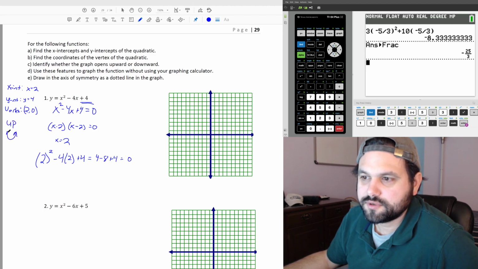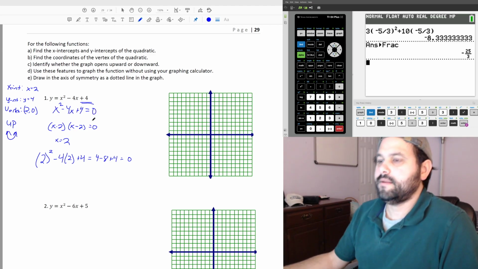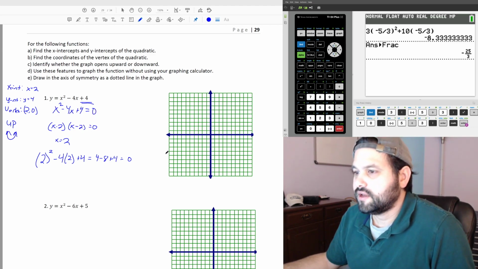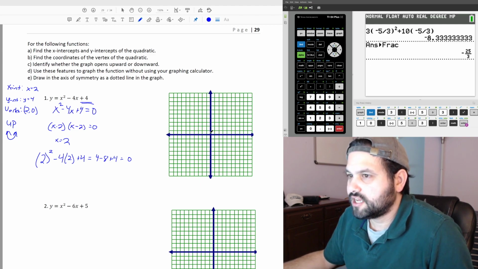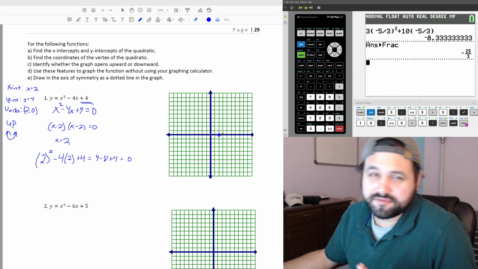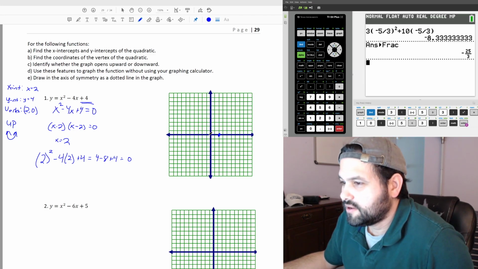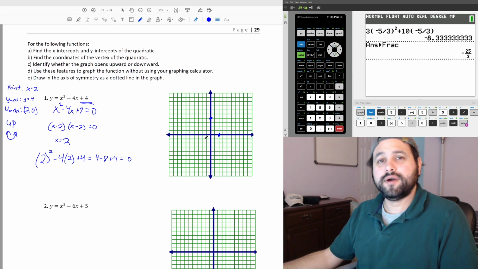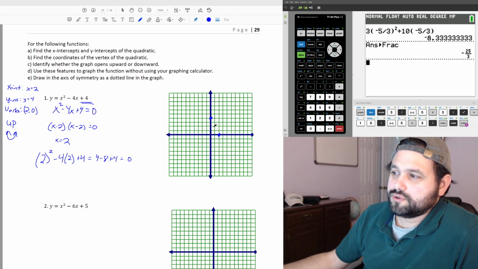Or I can just sketch what it should look like, right? All right. And now I have enough to sketch this graph. I'll put the x-intercept of 2 right there, which means I've also graphed the vertex because it happens to be the same point. I'm going to graph the y-intercept of 4 right there. I'm going to use symmetry to get another point here, right? Because if this is the vertex, then this point is symmetric.